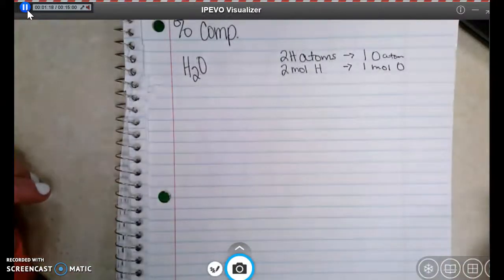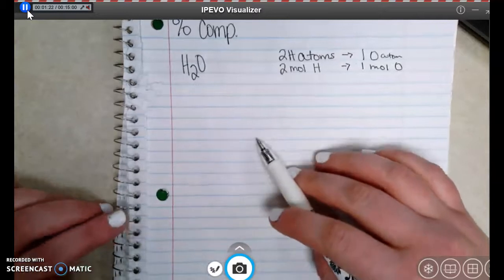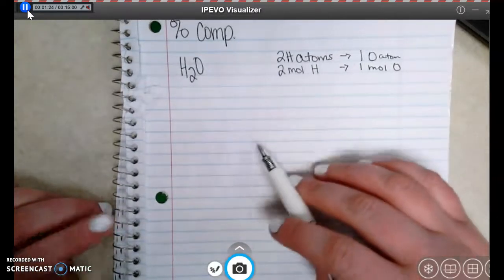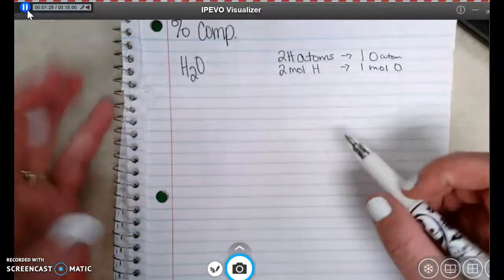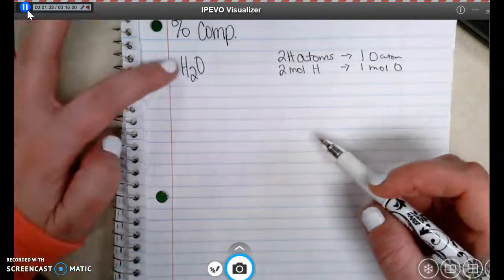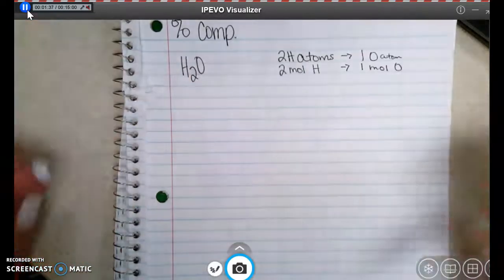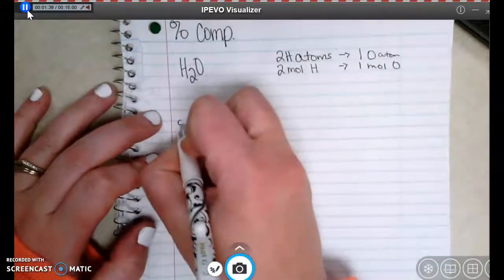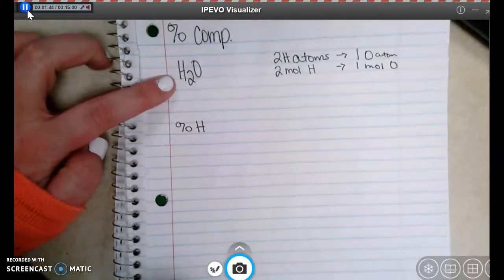The way that we figure out the percent composition, how much of the mass comes from an individual element, is you take the total mass of this thing and then say, how much of that mass belongs to the hydrogen? How much belongs to the oxygen? So let's do the percent composition of hydrogen in 1 mole of H2O.